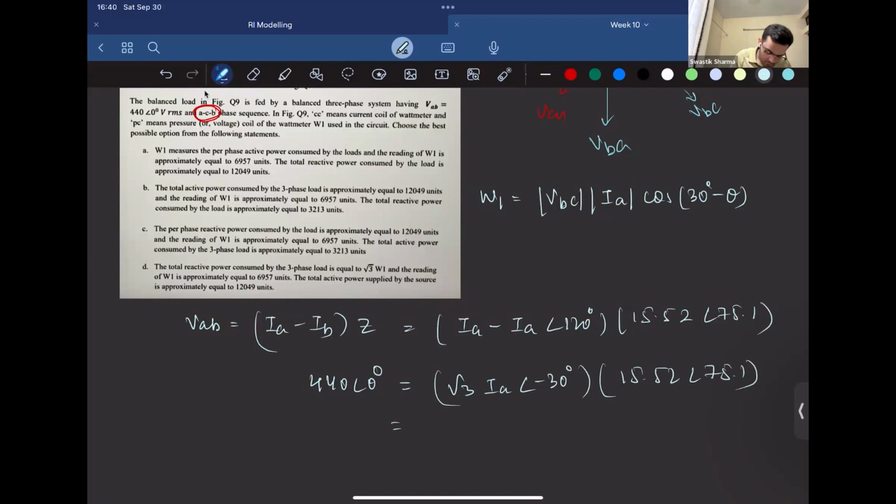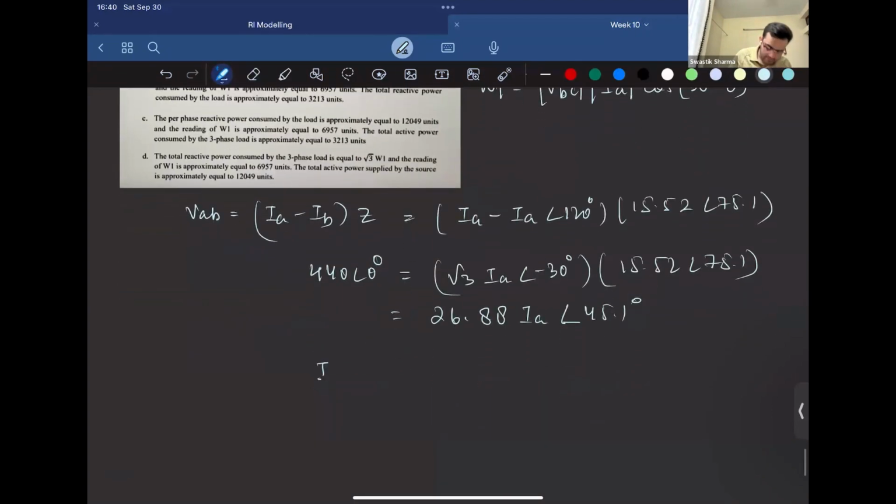So this would be root 3 times 26.88 at an angle of minus 30 plus 75, which is 45.1. So now IA can be calculated easily.